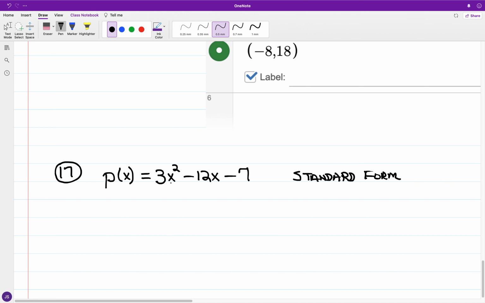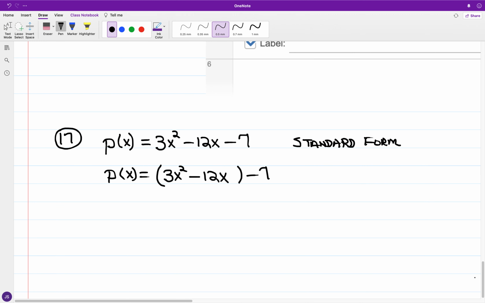I'm going to put the parentheses around the variable terms and separate from the constant, which we have in -7. So you have p of x. You have grouping parentheses around 3x squared minus 12x, followed by the subtraction of 7.